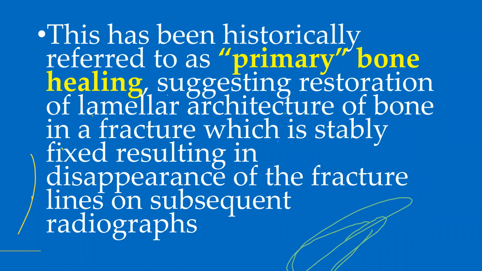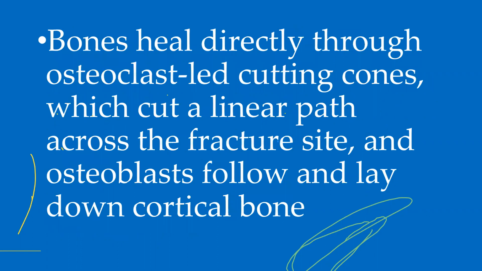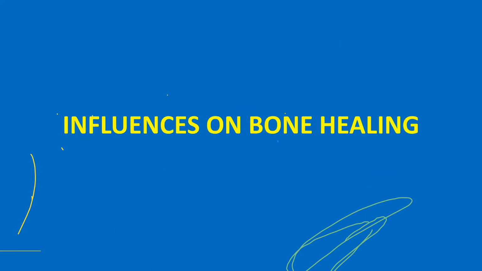Osteons grow in and replace the fracture site, and you don't see a sign of any fracture. Bones heal directly through osteoclast-led cutting cones, which cut a linear path across the fracture site, and osteoblasts lay down cortical bone.